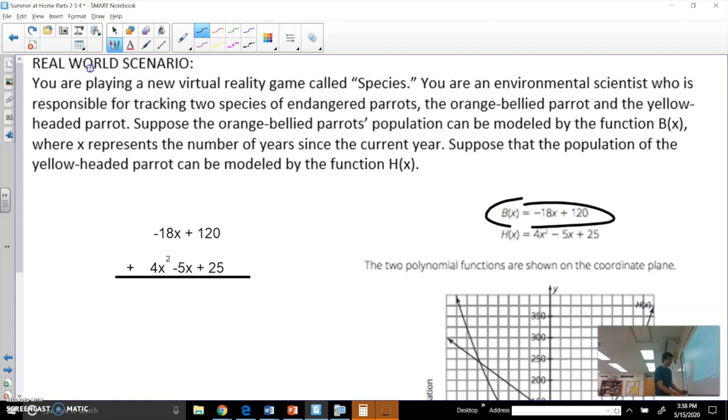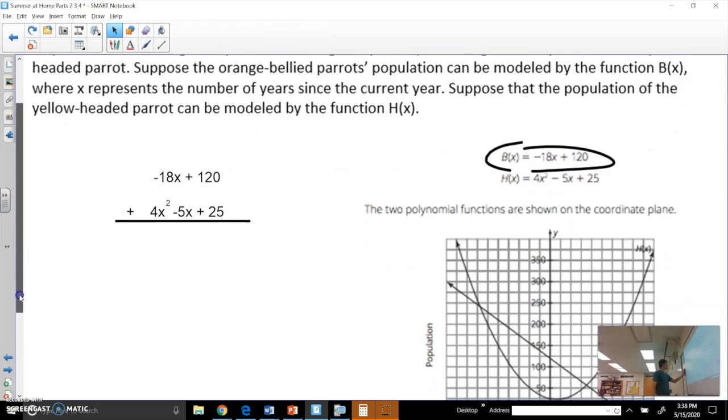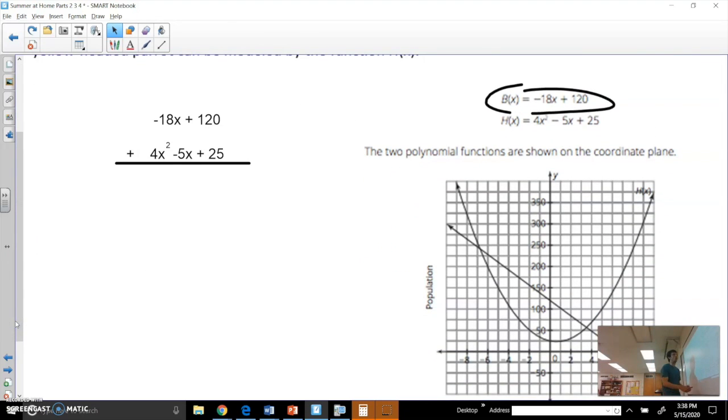And the other one had a population that was more quadratic. It was going down, but then over time that species recovered. If you really think about it, they're both parrots, just different types of parrots. So we may want to take these 2 models that model each species population separately and add them together to know how many total parrots we have, no matter which species it is.